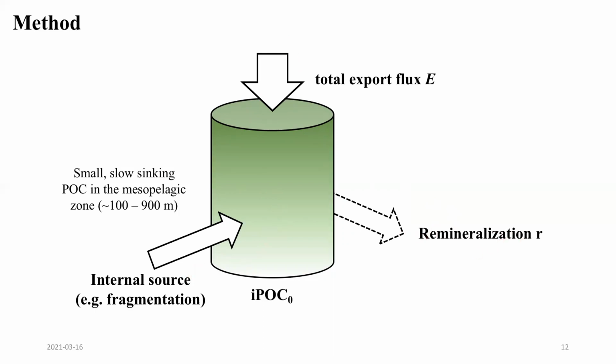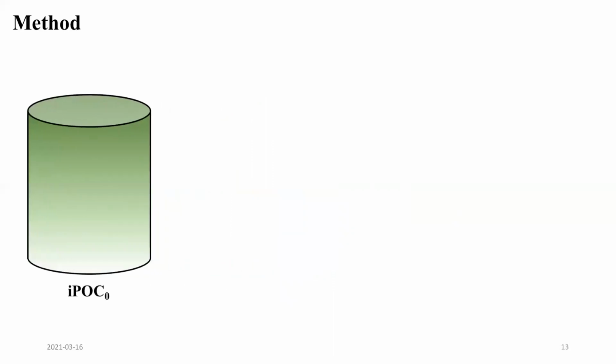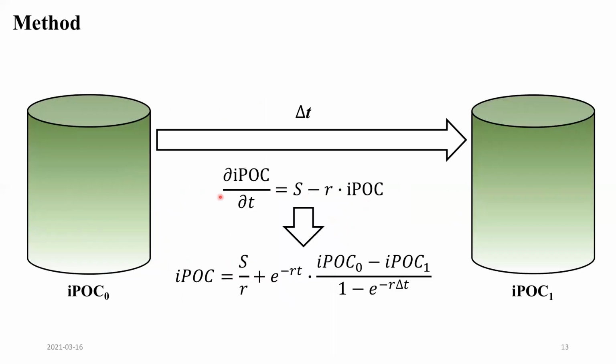So the temporal evolution of the POC inventory during two sampling steps can be represented by a partial differential equation. And in this equation, the S represents the source, and this part represents the remineralization. By solving this equation, we can get such a formula to describe the temporal evolution of the POC inventory during these two sampling steps.